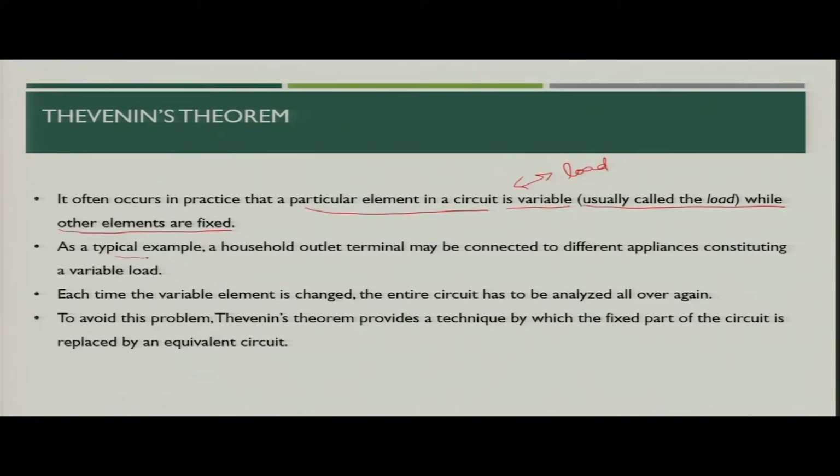You can take the typical example of a household outlet terminal that may be connected to different appliances. When you plug in your appliance in the house, you will analyze the voltage and current parameters of that appliance while neglecting the circuit which is outside the particular plug point.